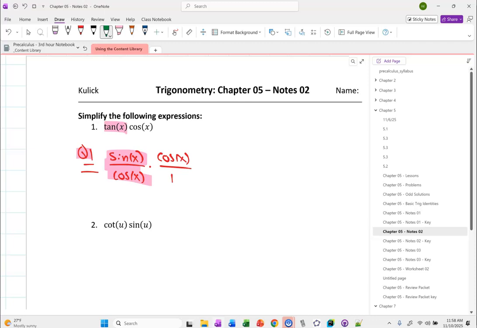I have a cosine x on top and a cosine x on bottom. There's no addition or subtraction, so we can cross those out. I'm just left with sine x over 1, or sine x. And I'm done. Whoa, Mr. Kulik, that was easy.